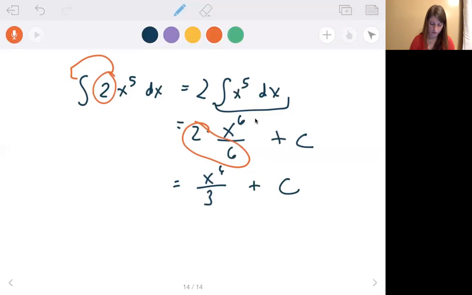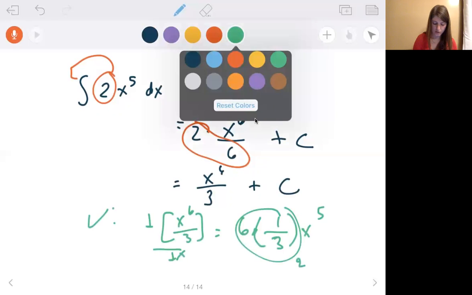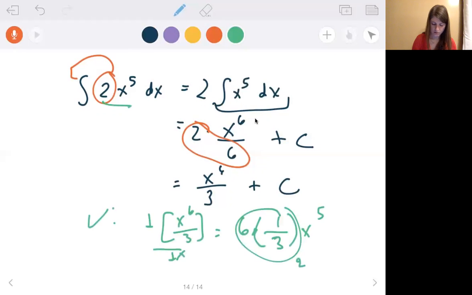So quick check. We differentiate x to the 6th over 3. We have 6 times, we can even pull the 1/3 out. And then we've got x to the 5th. So this gives me my 2. And that matches my integrand.